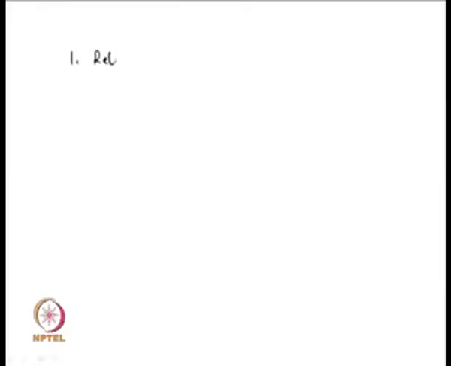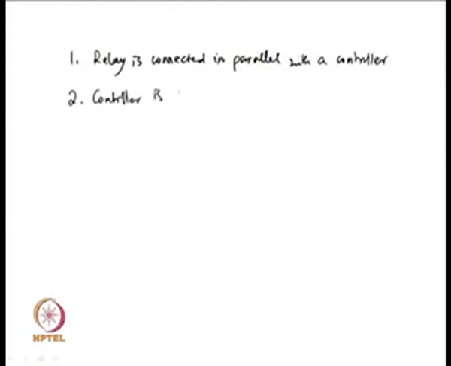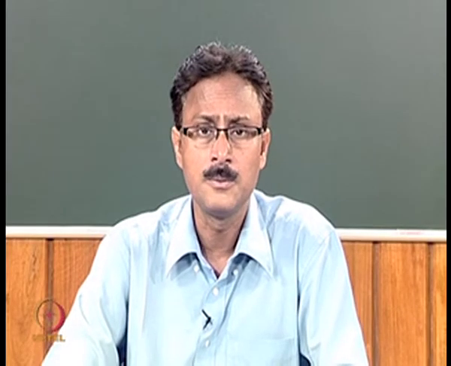The relay is permanently connected in parallel with a controller, and the controller is assumed to have integral action. So, what type of controller do we have to use? Either a PI or PID or IE controller.